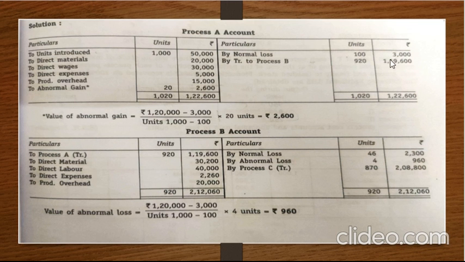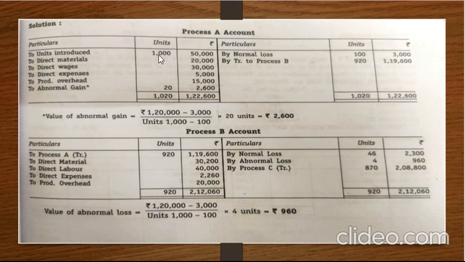How did we get this amount? Before getting the cost, let us look into the input. We have 1,000 units introduced, then we have normal loss which is 100 units, then as per the question, the units transferred to B is 920.